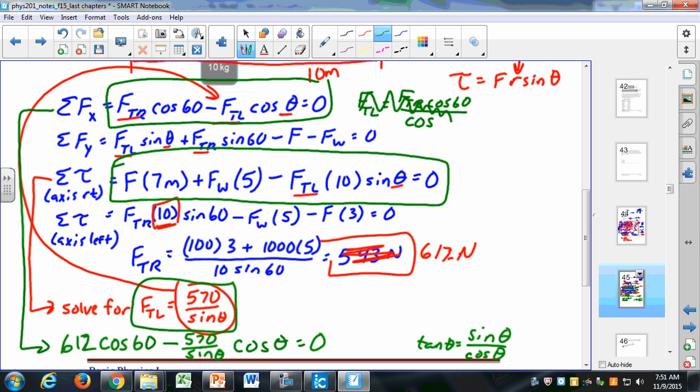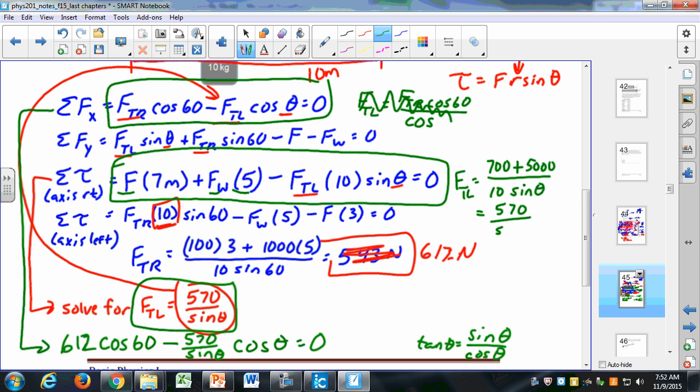So I have FTL equal to 100 times 7, that's 700, plus 5 times 1,000, that's 5,000, divided by 10 sine theta, which is going to be 570 over sine theta.